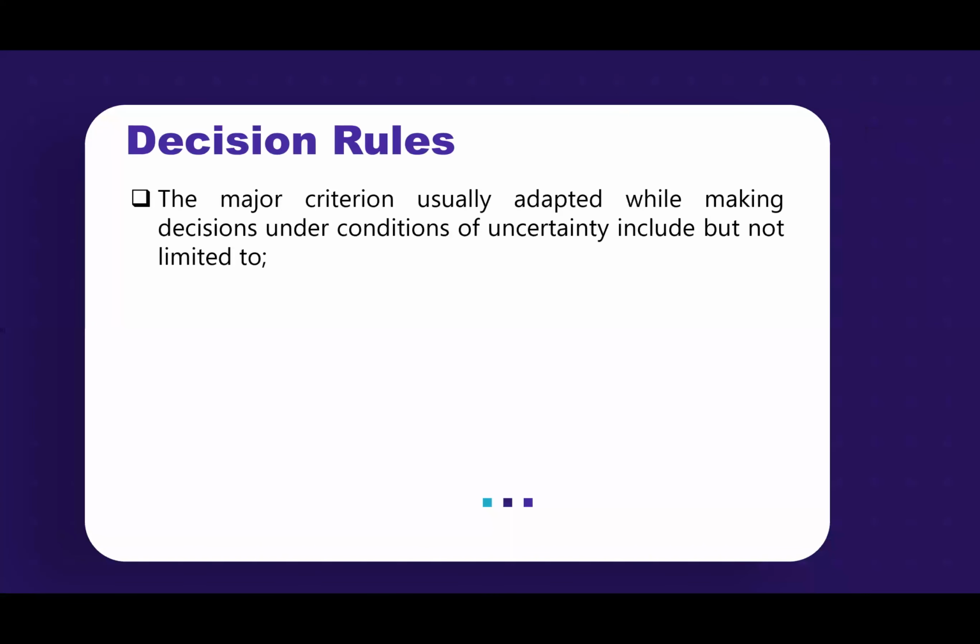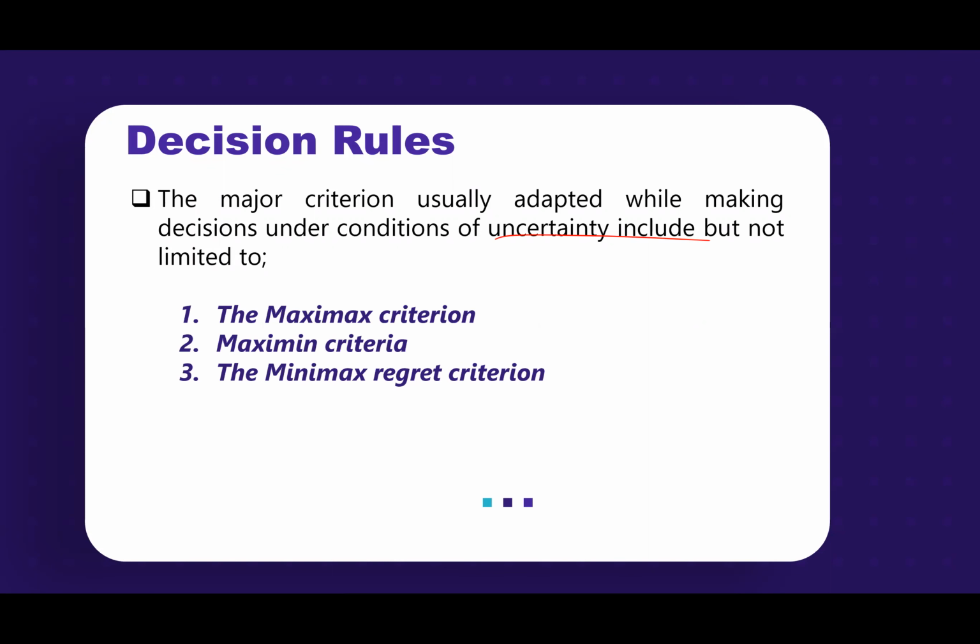And the major criteria usually adopted while making decisions under conditions of uncertainty include the three. We have the Maximax criterion, we have the Maximin criterion, and also the Minimax Regret criterion.